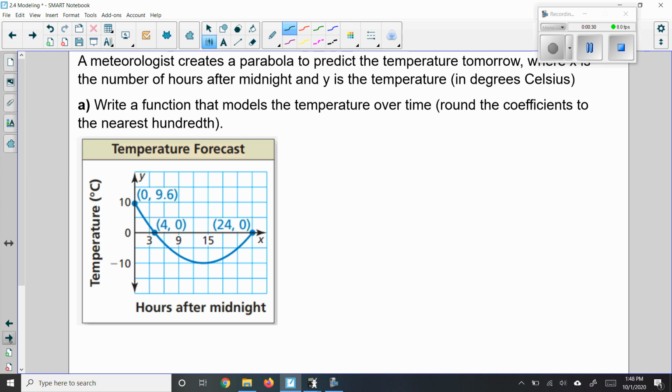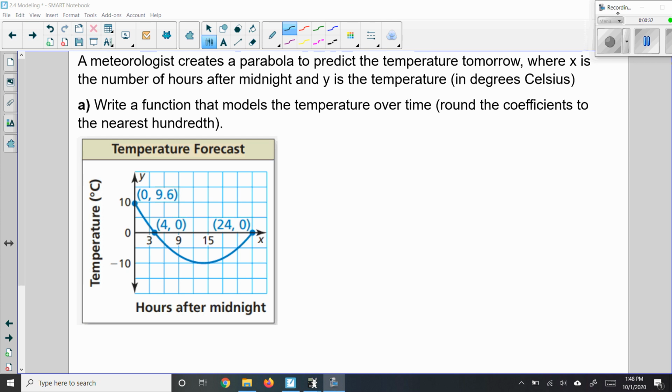Okay, so a meteorologist creates a parabola to predict the temperature where x is the number of hours after midnight and y is the temperature. So we want to write a function, and it's going to look like y equals ax squared plus bx plus c.